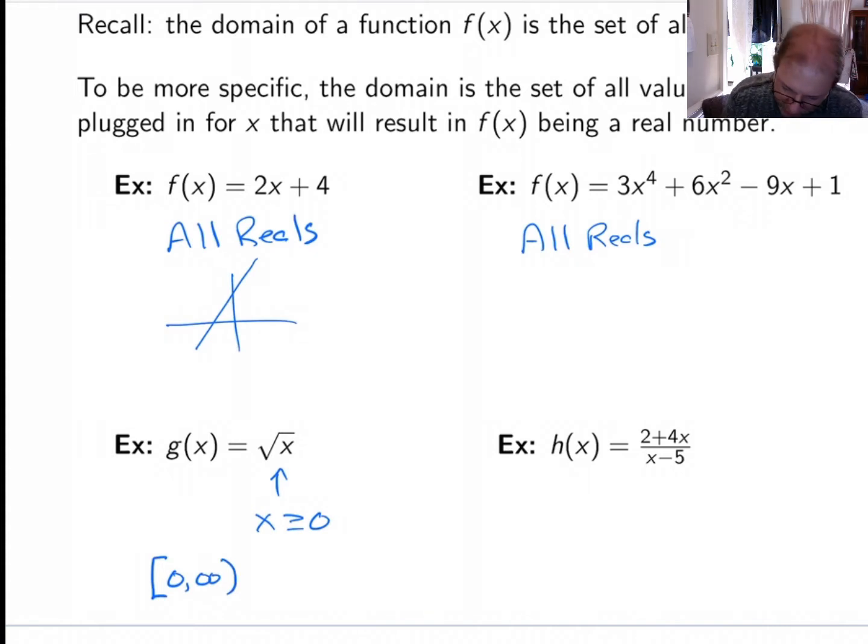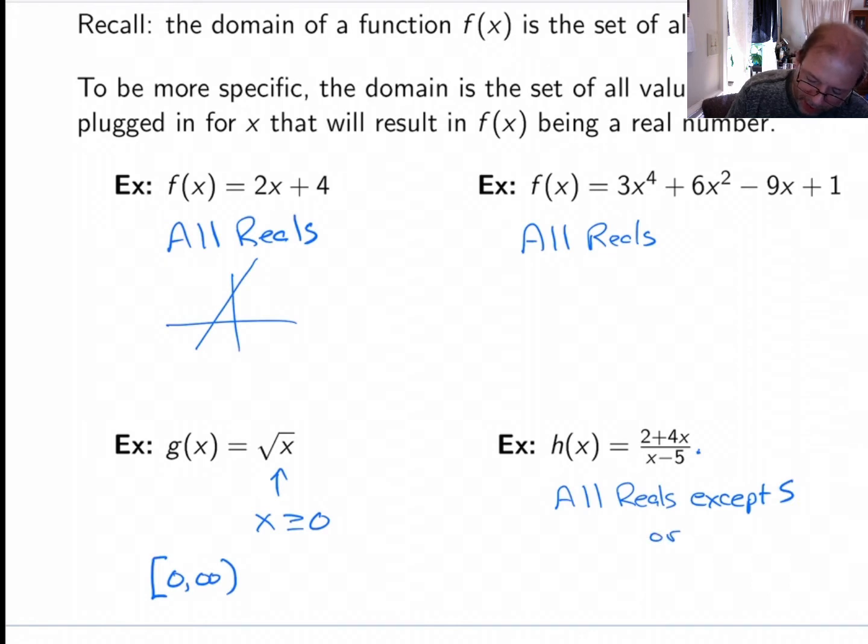And on this one over here, 2 plus 4x over x minus 5. The only number that would cause a problem if we plugged it in there is 5. So this we'd say the domain is all reals except 5.